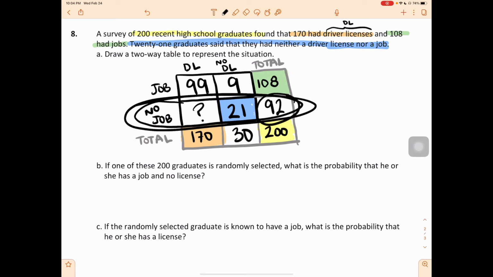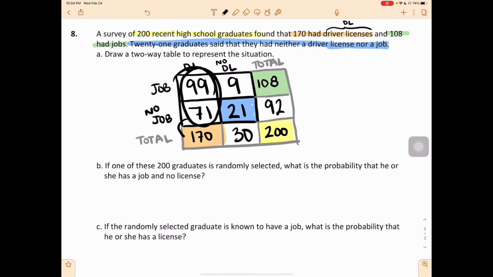And there's 92 high school graduates total who don't have a job yet. So, how many of those students have their driver's license? Well, 92 minus 21 will be 71 students. And then you'd want to make sure, okay, is 99 plus 71 170? Yes, it is. All right, so now we totally filled in our blanks in the two-way table, and this part of the problem is done for number 8.